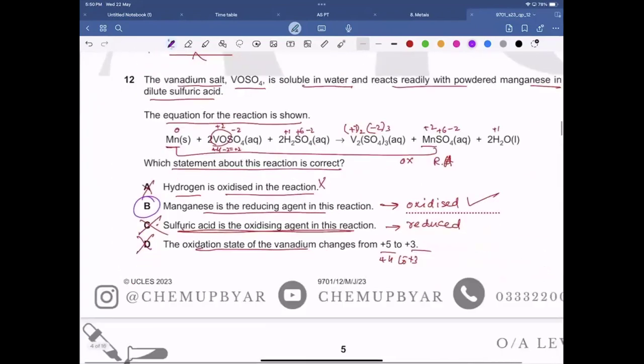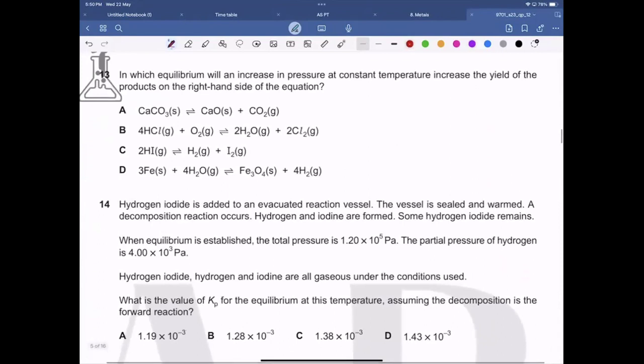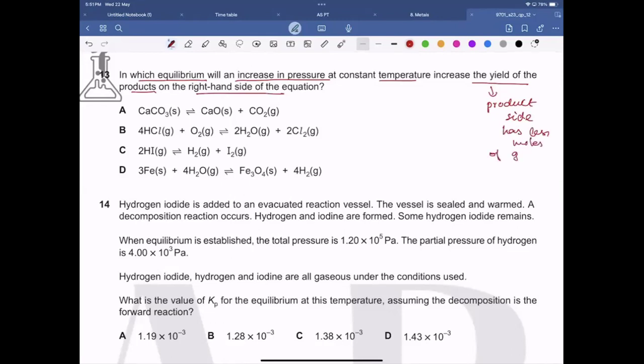Okay. Now question number 13. In which equilibrium will an increase in pressure at a constant temperature increase the yield of the product on the right hand side? So it means with an increase in pressure, the yield increases only when the product side has fewer moles of gases.